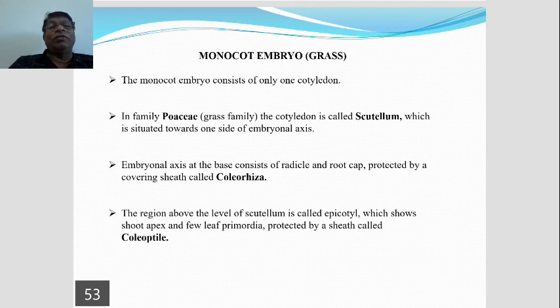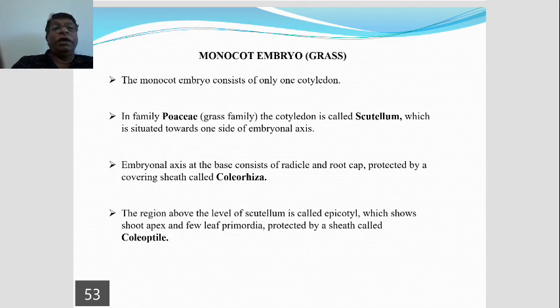Then the embryonal axis is protected by a sheath; in monocots we call it coleoptile, and the root tip is protected by another layer we call coleorhiza.